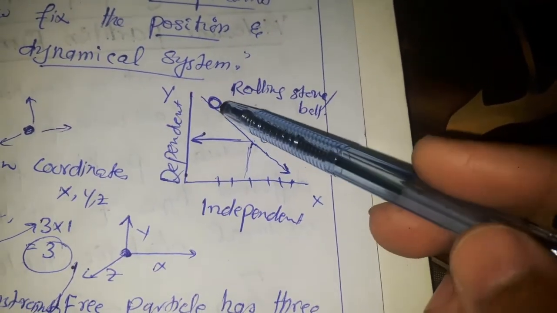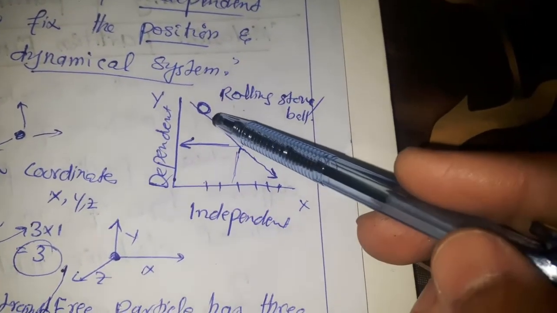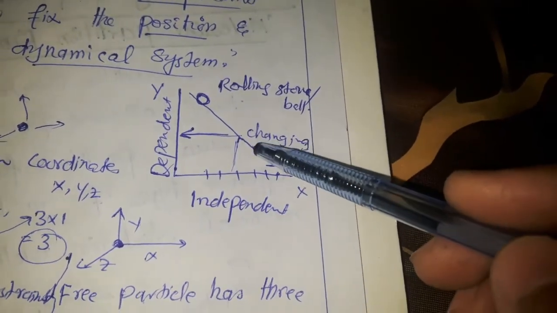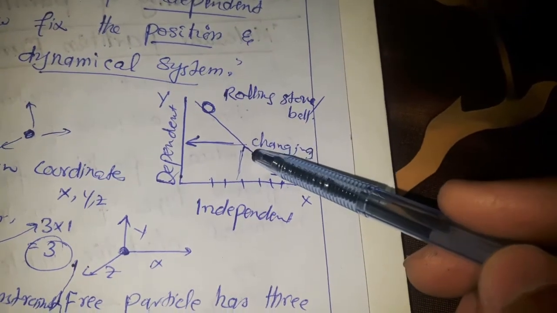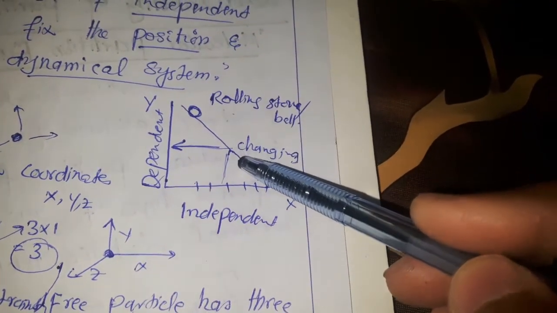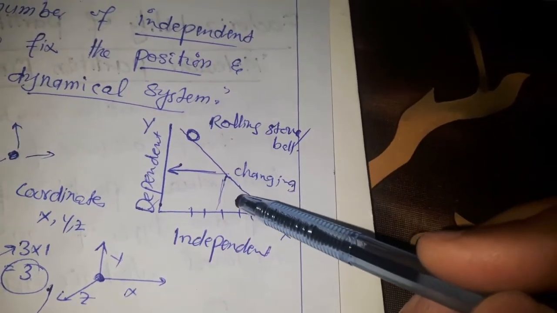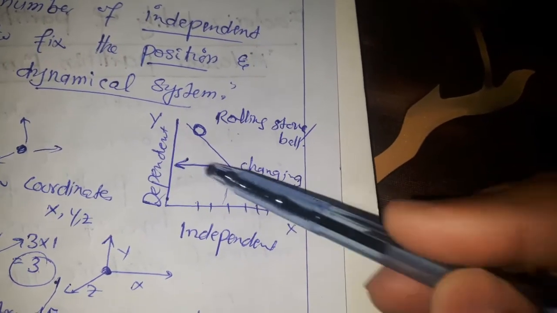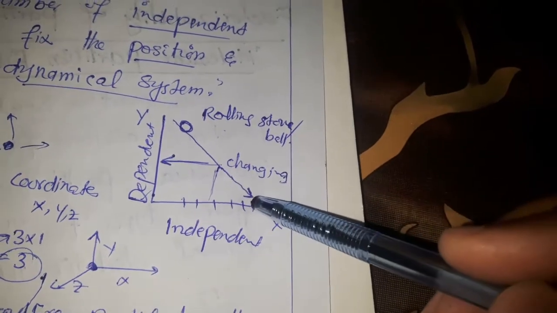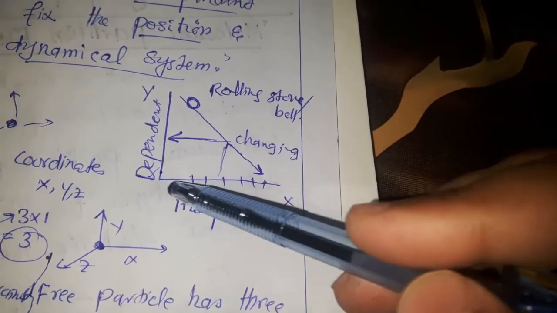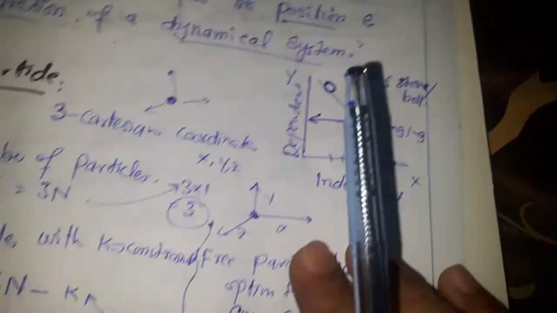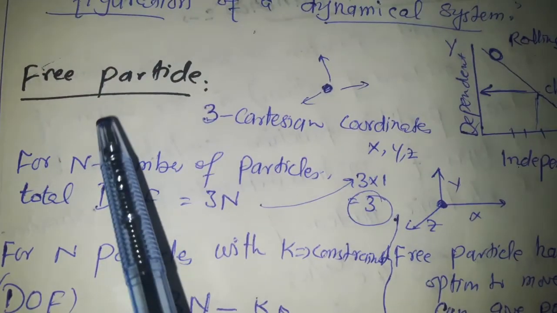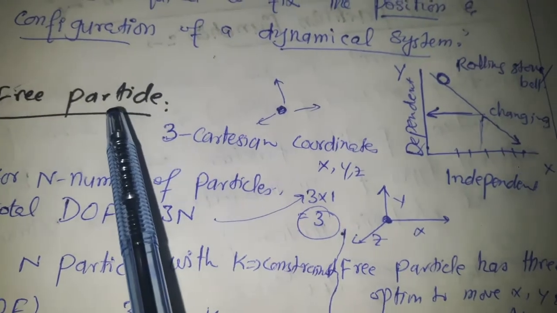As the stone moves along and we change the x position, which is the independent variable, y is automatically changed. If the stone comes here, y decreases according to this scale, and if the stone comes here, y automatically goes to 0.